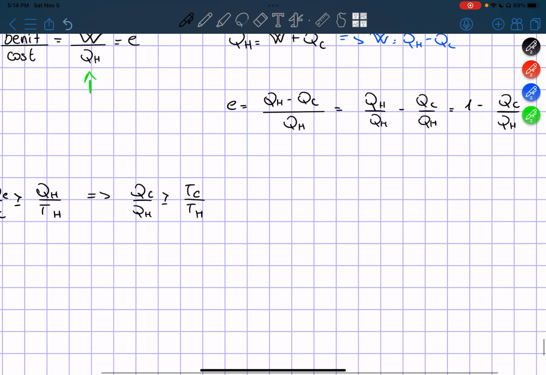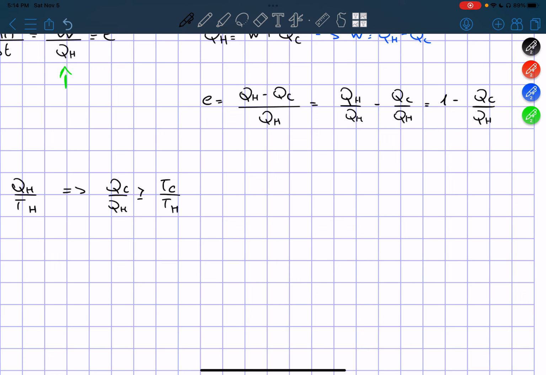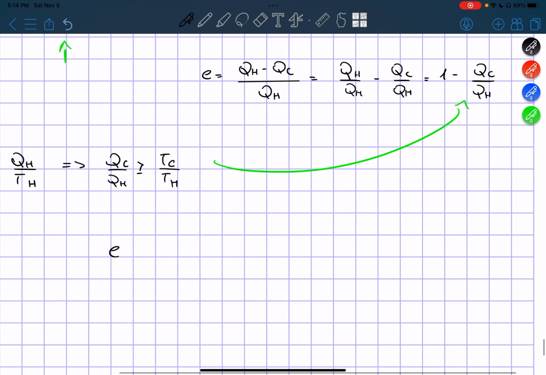Okay, and now that we know this, we can plug it into our equation over here. So we have the efficiency is less than or equal to 1 minus T cold over T hot.